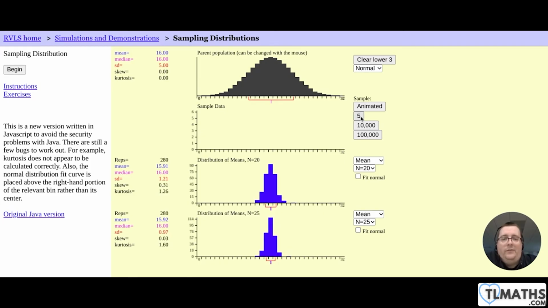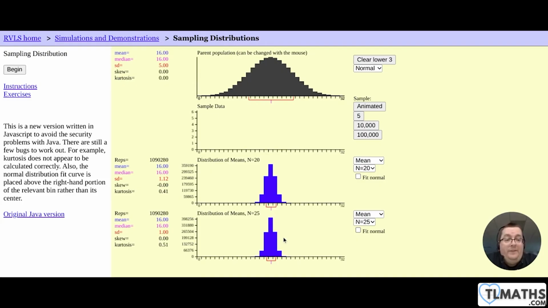How do you get that standard deviation for the samples from the standard deviation of the original, which is 5, and the sample size? This one has a standard deviation of 1.12. This one with n is 25 has a standard deviation of 1.